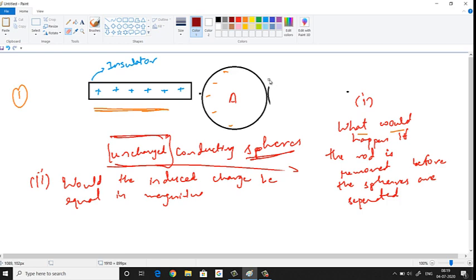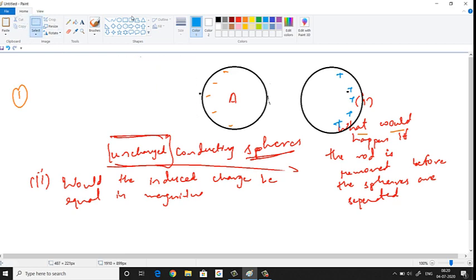The rod is still there. If I separate them like this, B is here now. What was there on B? We had positive charges. Now I have separated them before removing the rod, and now I can remove the rod.